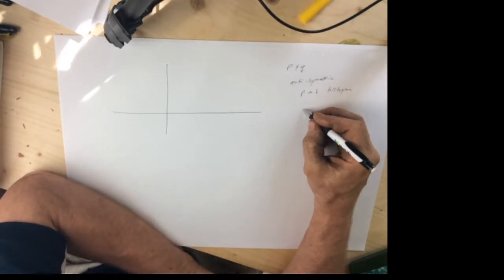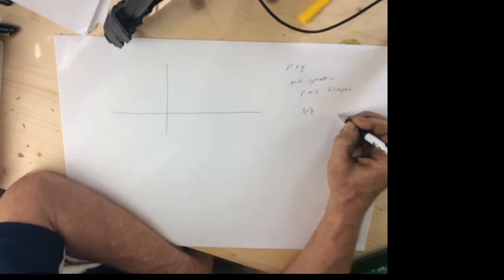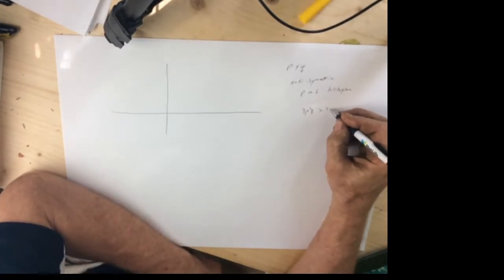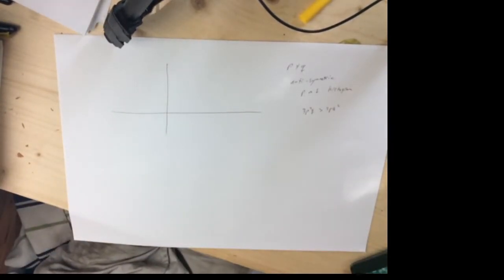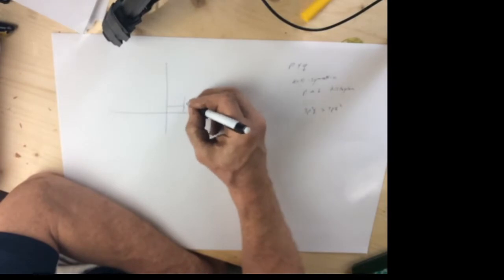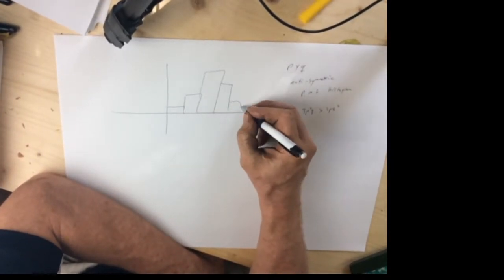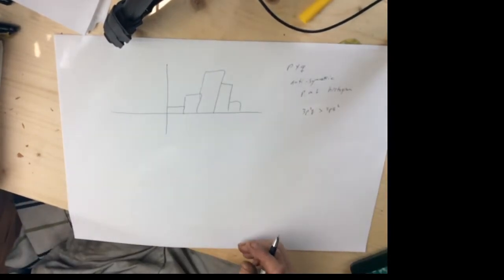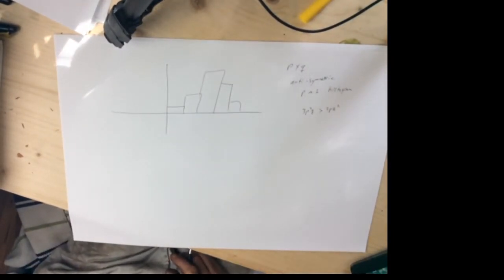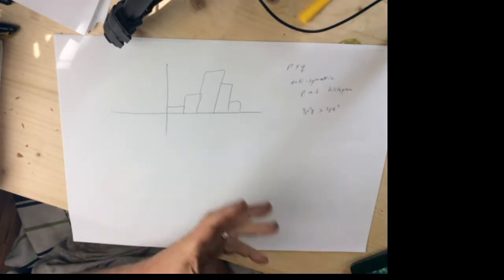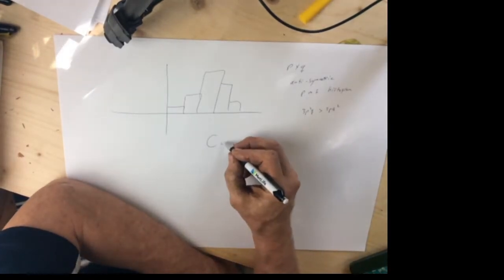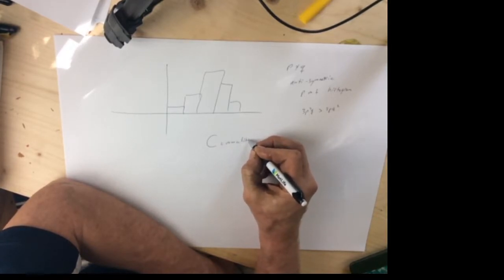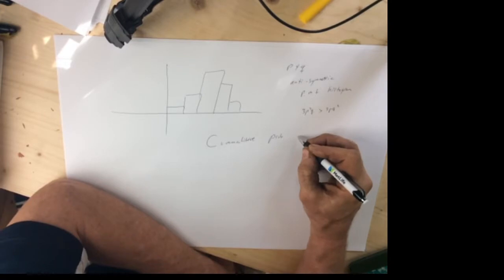For example, 3p squared q will be greater than 3pq squared if p is bigger than q, but the other way around, it would be higher. So these distributions have a habit of having asymmetry to them. Given this asymmetry, it would be very reasonable to be able to calculate these quickly and easily. And in the back of the book, we have something called the cumulative probability function.